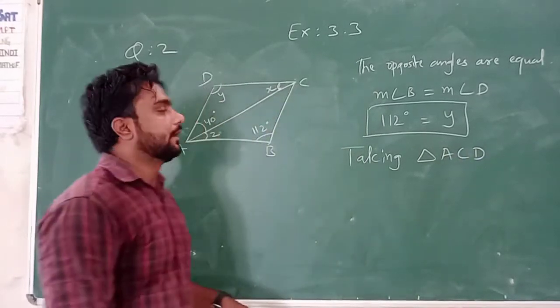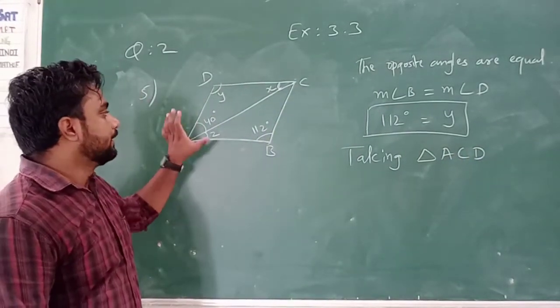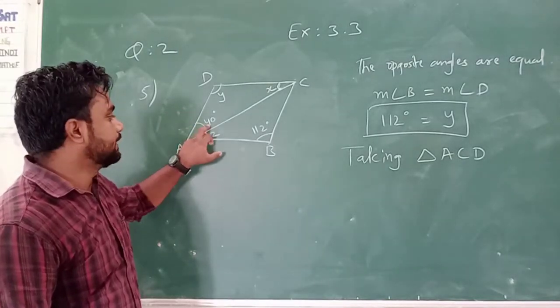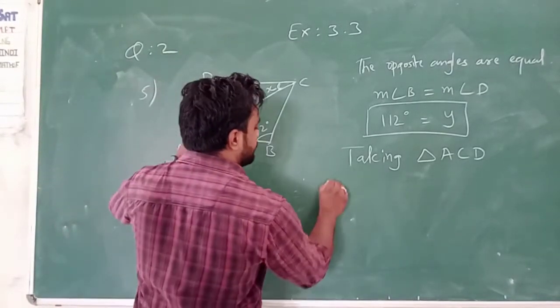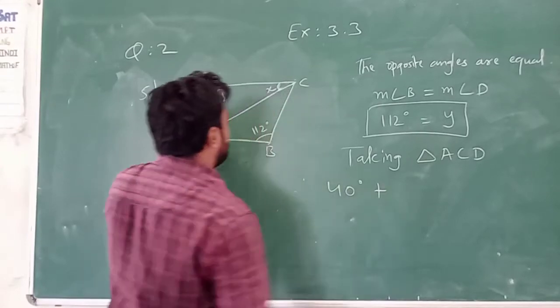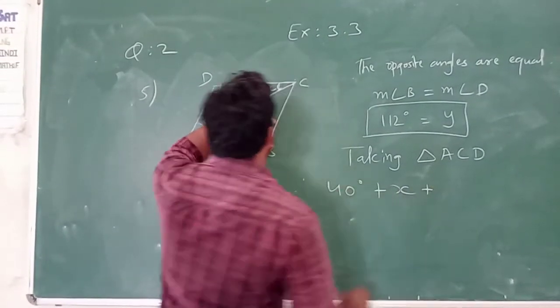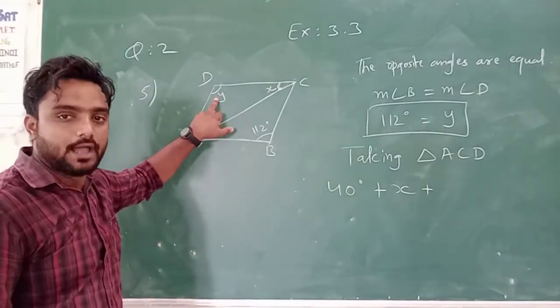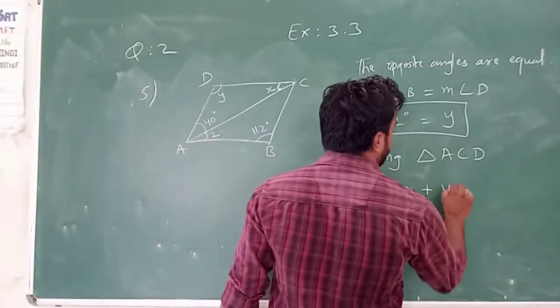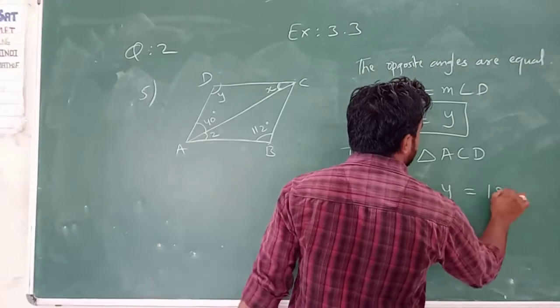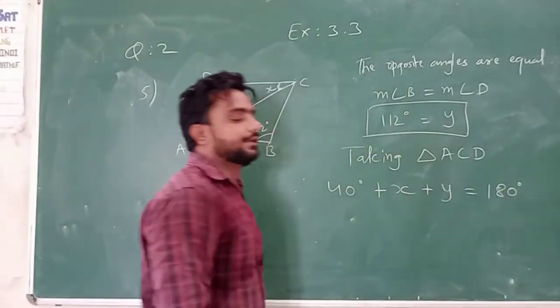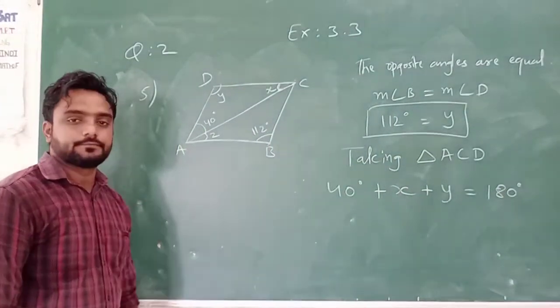Here I will take the measure 40 degree. Therefore 40 degree plus another angle, that is x, plus another angle, that is y, and I am taking y as it is, that is equal to 180 degree.